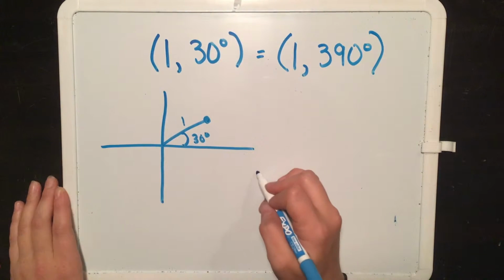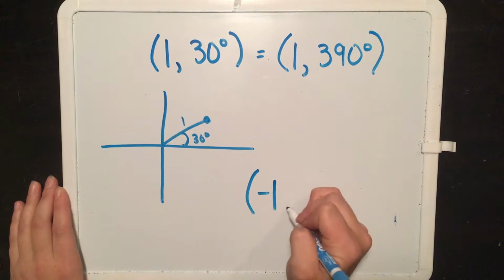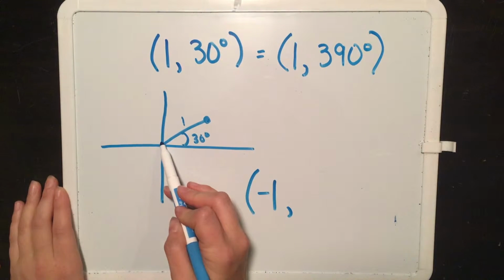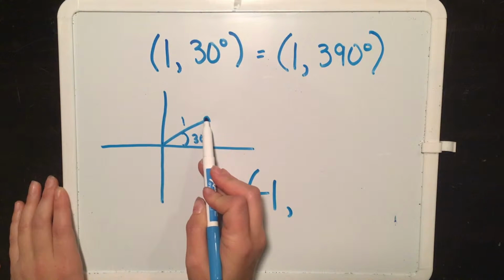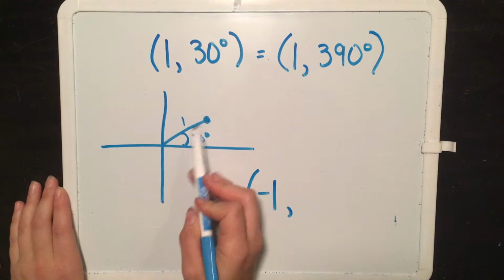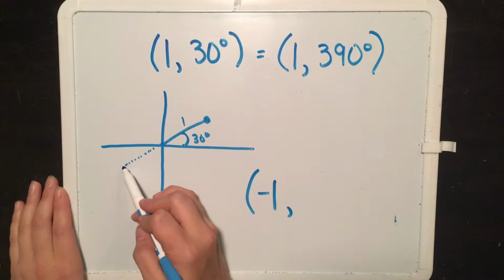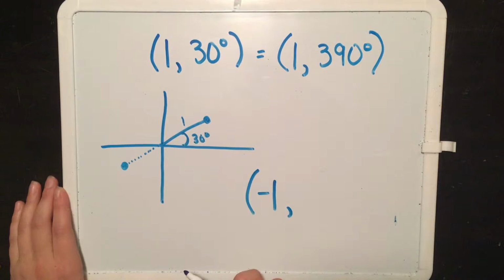But what if I made the radius a negative number? When you make the radius a negative number, instead of bringing it out on the 30-degree line, it sends it the opposite direction, 180 degrees the other way.